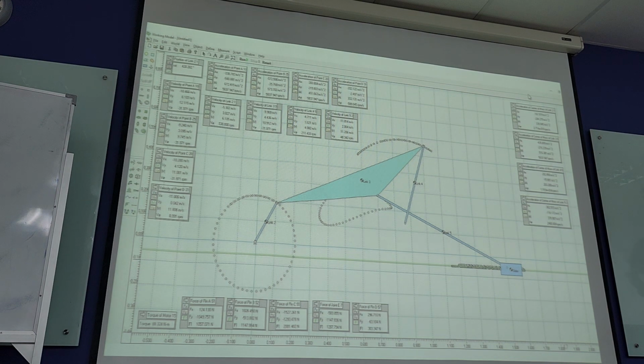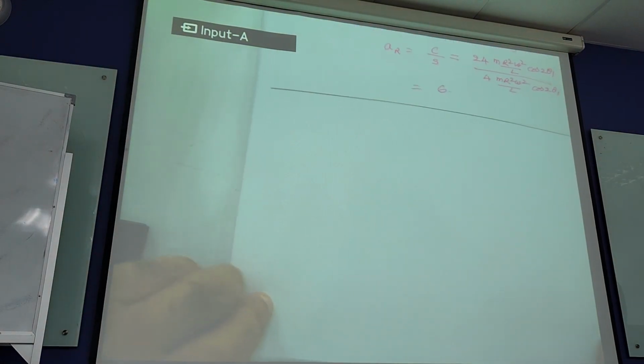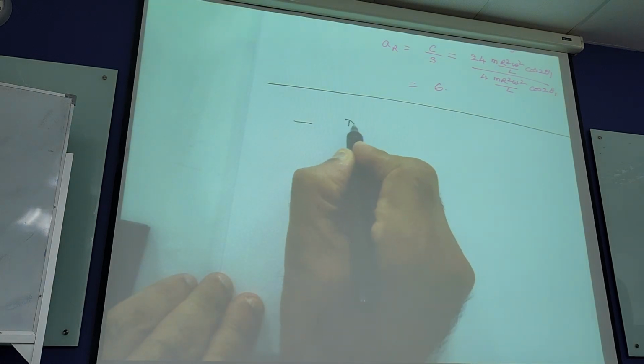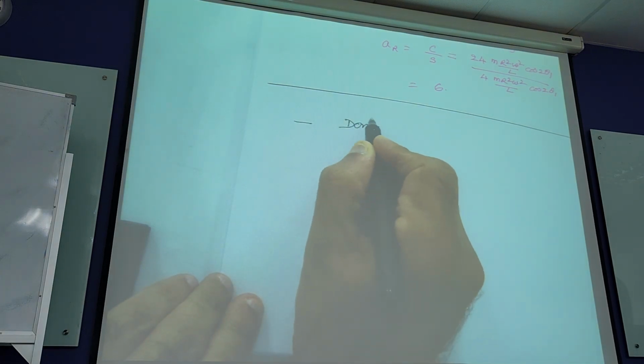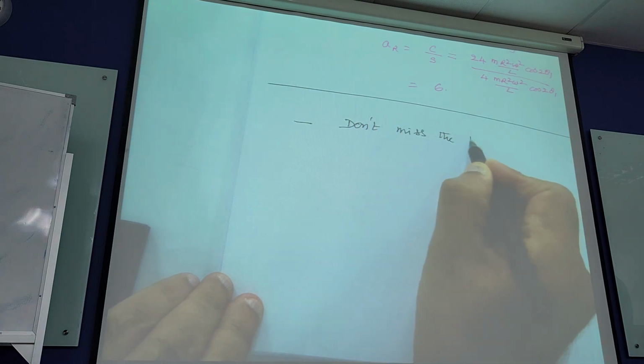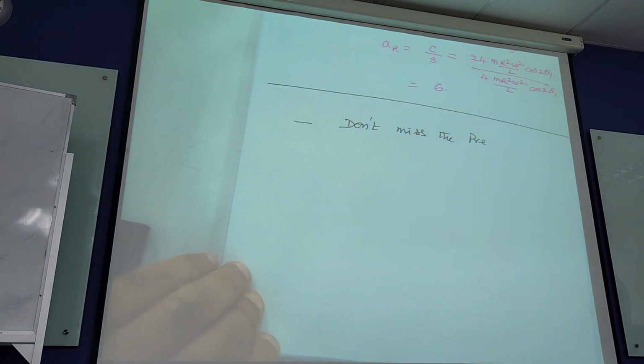Okay, so now coming to the end of term exam. Please note, I write the first point. Don't miss the pre-exam workshop. Every term, the people who get low marks, they are missing the pre-exam workshop.